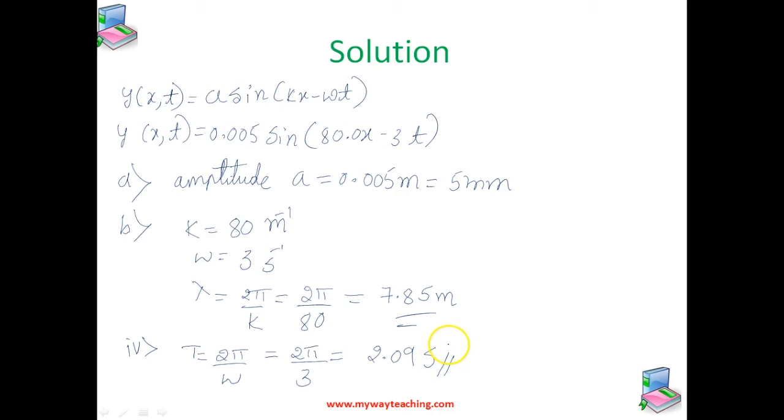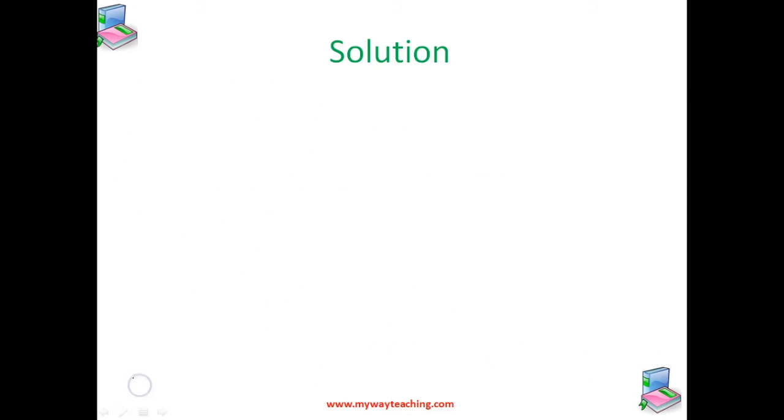This is the time period, and we know the frequency is the reciprocal of time period. So if you do this, we get the value of frequency as 0.48 hertz. Okay.